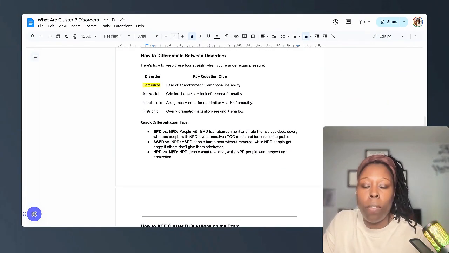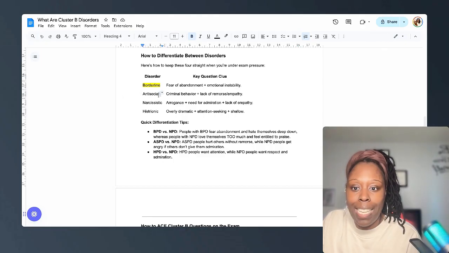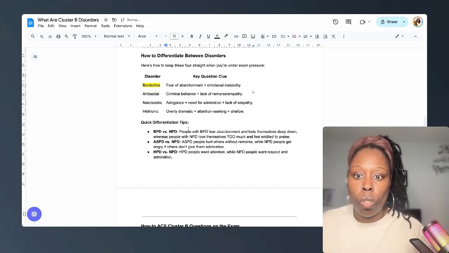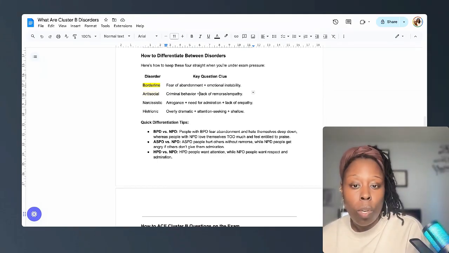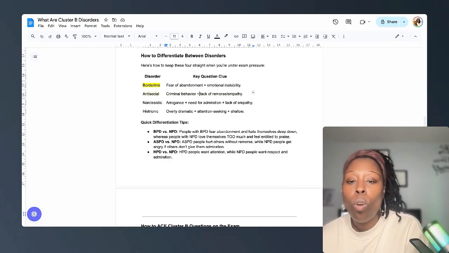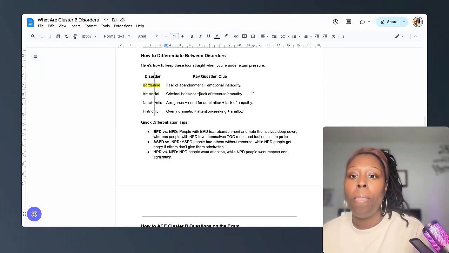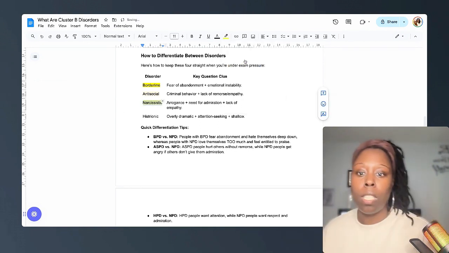All right, so let's do some differentiation here. Borderline personality disorder, they have that fear of abandonment and that emotional instability. Let's highlight antisocial. Antisocial, you have criminal behavior, they're acting like a criminal, they're doing all this craziness, and they don't even care. They lack remorse and they have no empathy. Then you have narcissistic personality disorder.